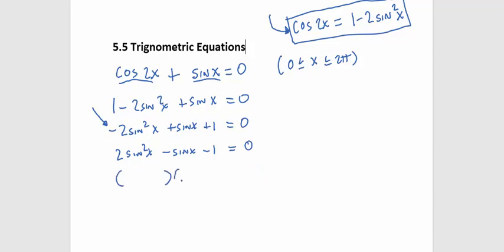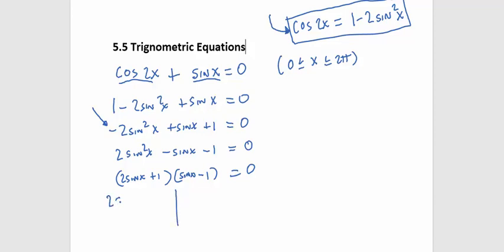So let's go ahead and try to factor that. So 2 sine of x, sine of x. The last term is negative, so I need a plus and a minus. Looks like I'm going to do a plus 1 here and a minus 1 there to give me that. Yep, that will work. Now I want to go ahead and solve these.